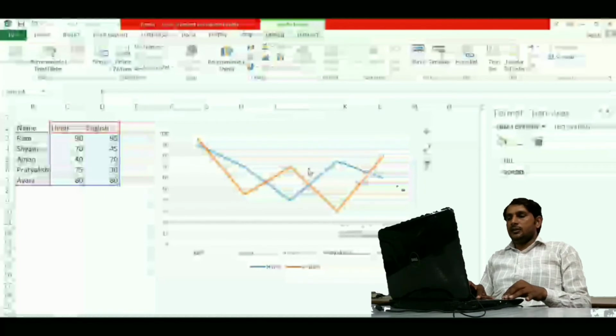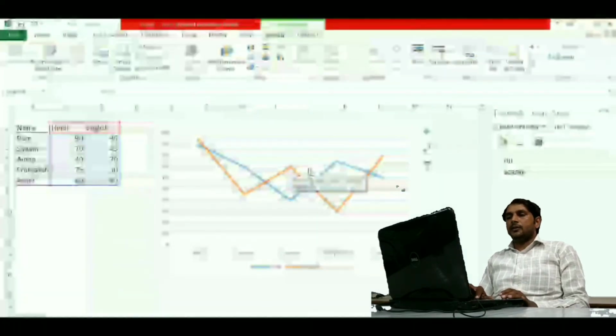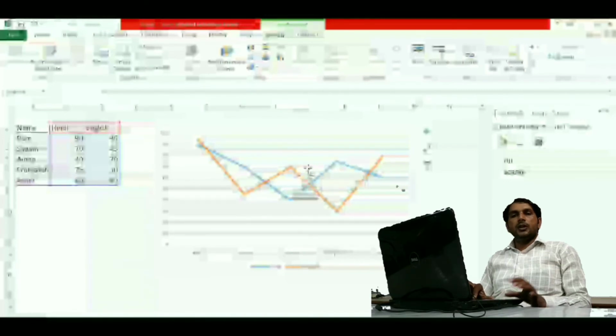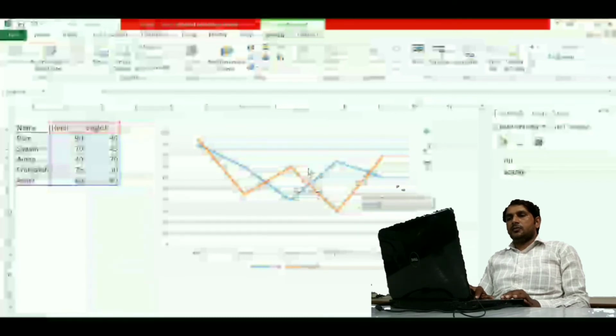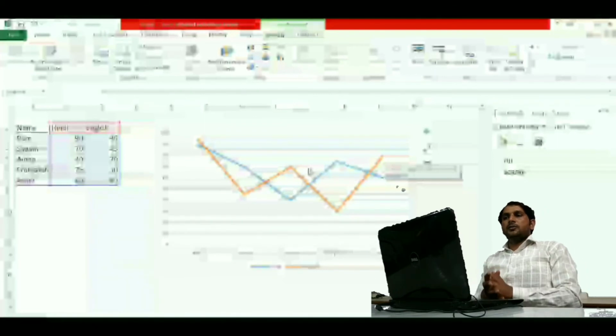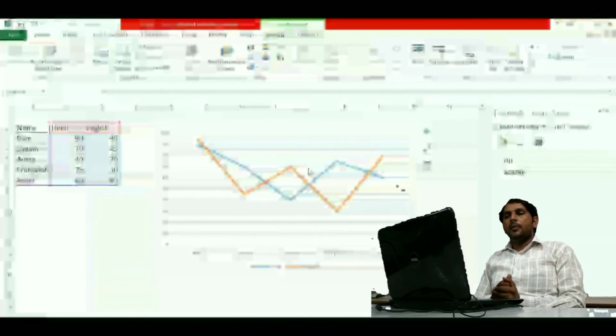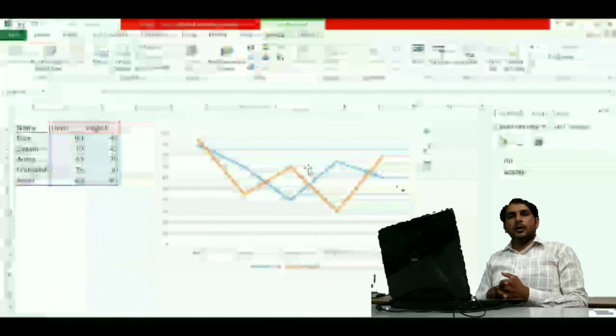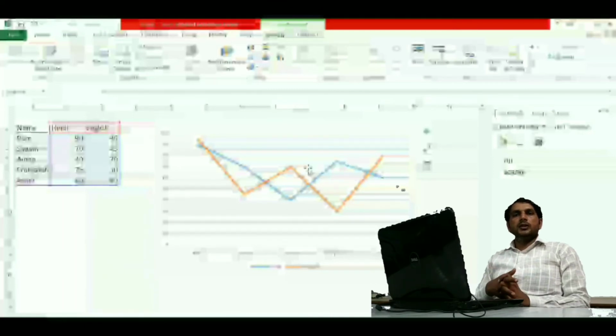In the same way we can see the English marks, this point for Shyam's English marks, and the next one Aman's English marks. So you can see a pattern. The chart displays that the Hindi marks are first higher, then lower, lower, then increase, and then increase. It shows a trend in marks. So we can compare two students' marks using the chart.